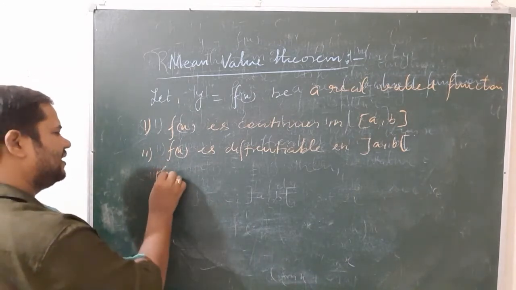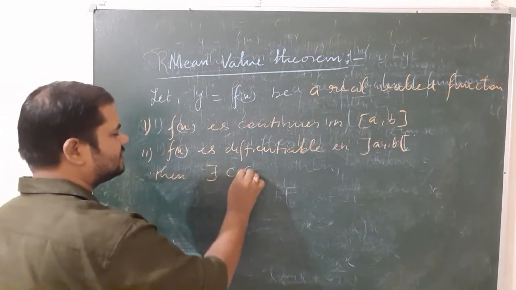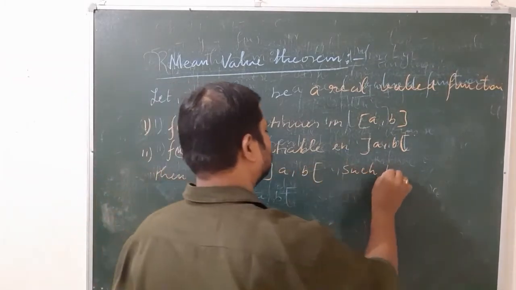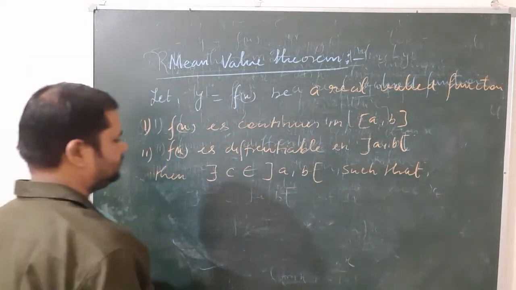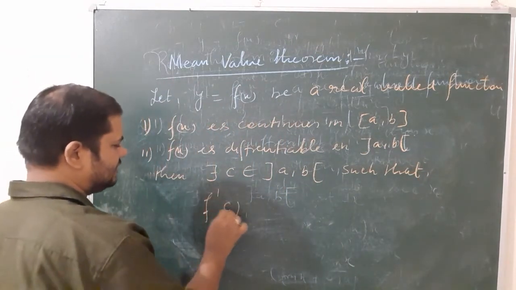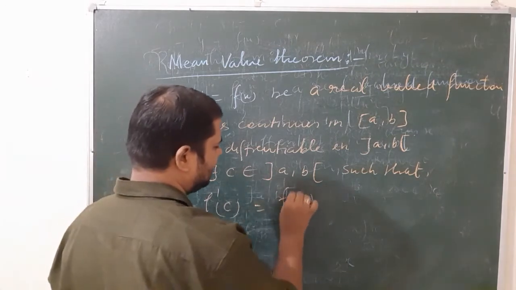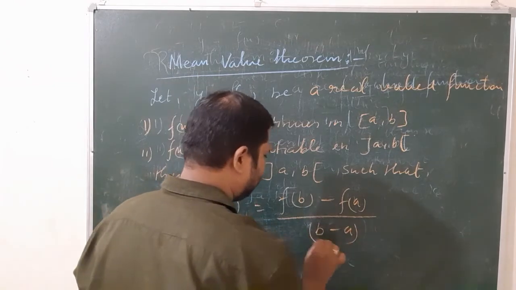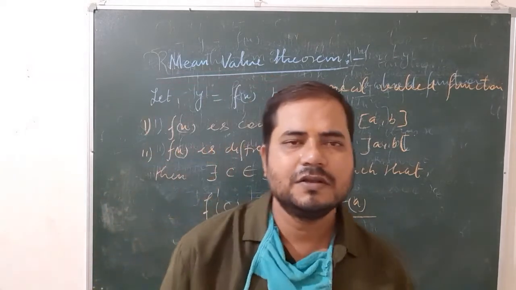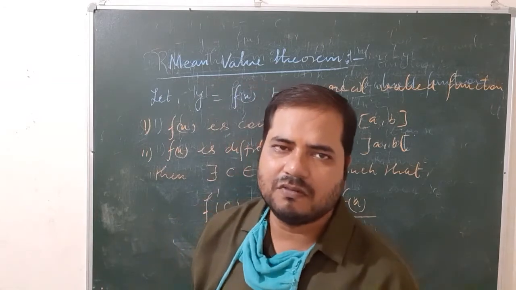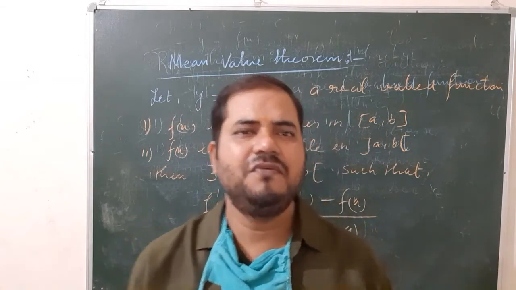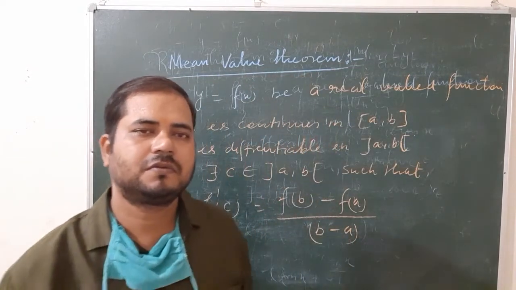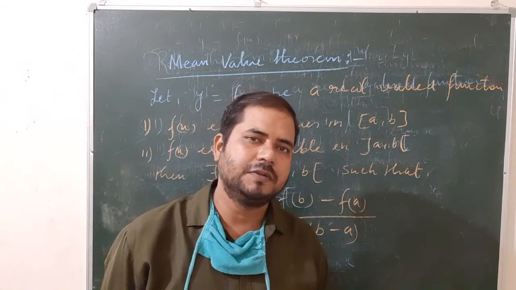Then there exists c belonging to the open interval (a, b) such that f dash c is equal to f(b) minus f(a) divided by b minus a. So this is the statement of the mean value theorem.